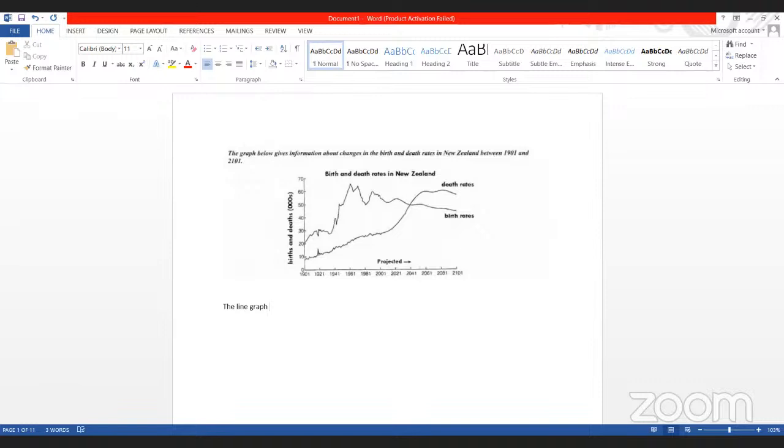I know that most of you are writing like this: the bar graph shows, the line graph shows. No, don't do that. Instead of shows, just use depicts. It's the formal way of writing.